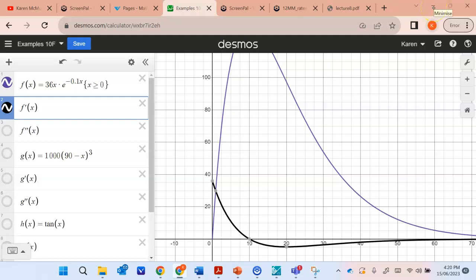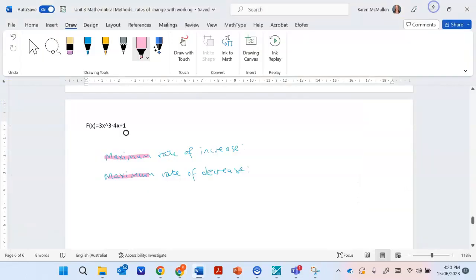All right, so if we look at our second derivative, actually, let's not look at the second derivative. Let's look at, hold on, I'm going to finish this off. So the maximum of your derivative and the minimum of your derivative.